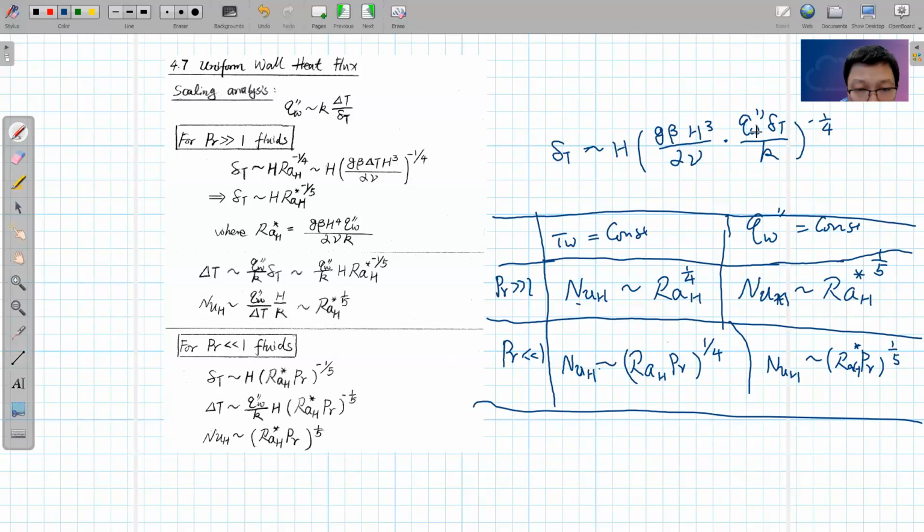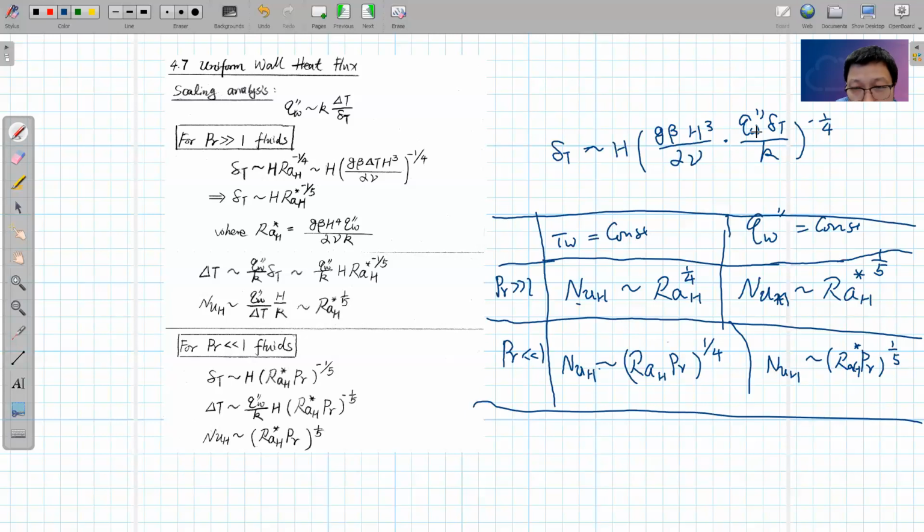We almost finished this external natural convection, but we have a small part left. Right now for this lecture we focus on natural convection on a vertical plate. There are other forms of natural convection, as I told you: natural convection on an inclined plate, natural convection on a plate with blowing or suction, which means that the velocity at the wall is not 0, or other cases like natural convection around a sphere.